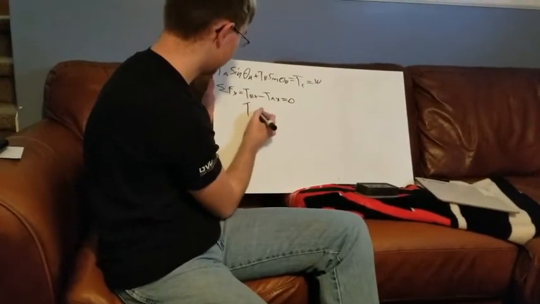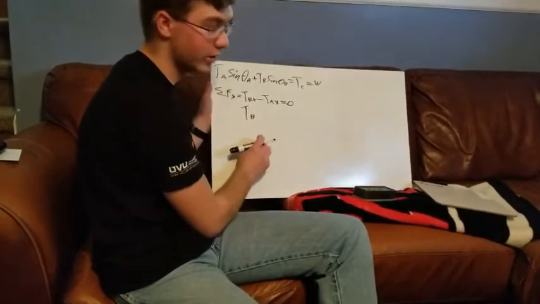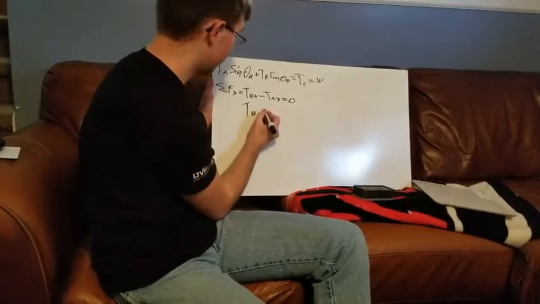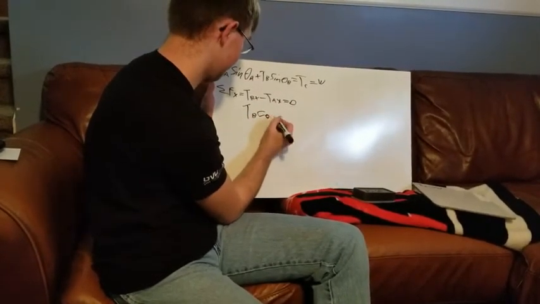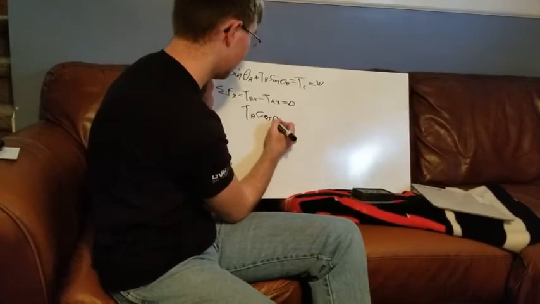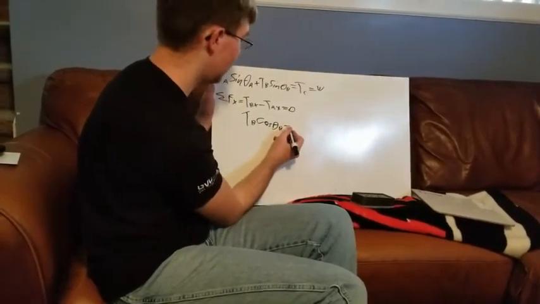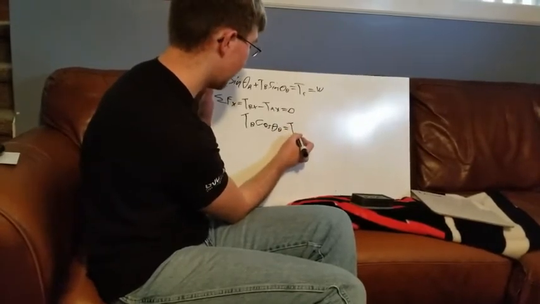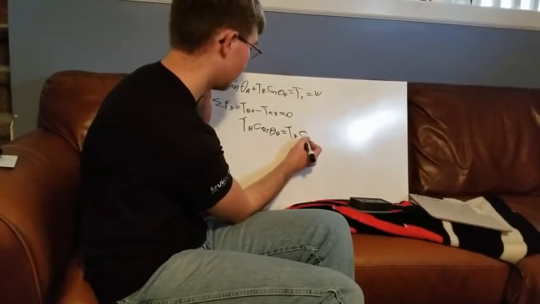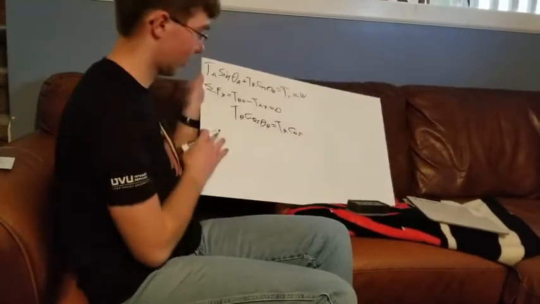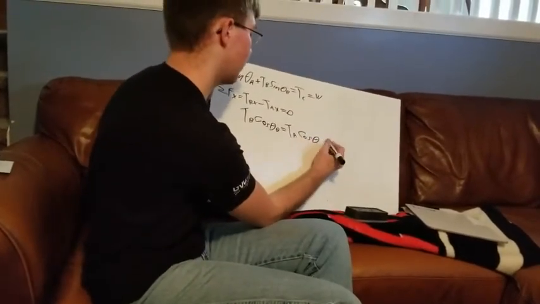So tension B, using trigonometry again, cosine of theta B equals tension A cosine theta A.